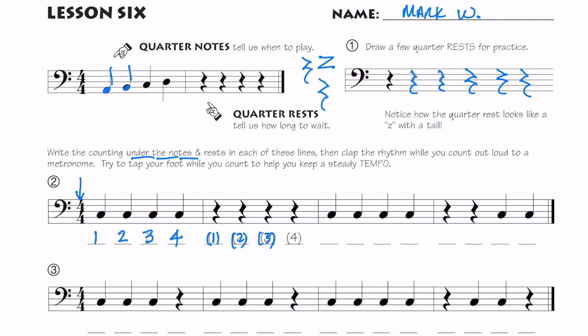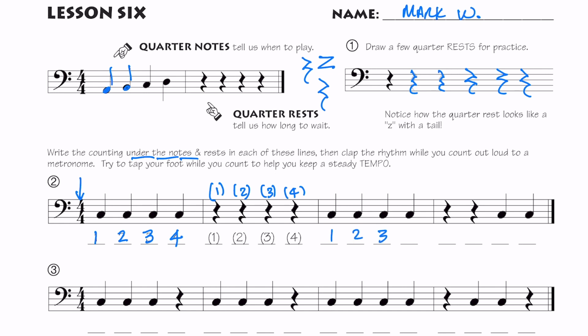See, all of these are notes, and all of these are rests. But what I really like to do is instead write the number above the rest. You can put those in parentheses too, but if it's above, you don't play. If it's below, you play.